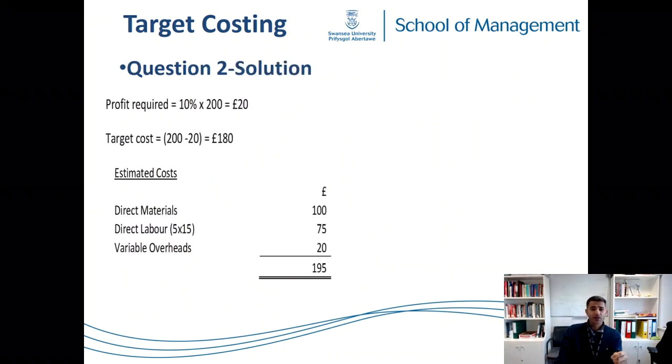Again, if you look at the answer, exactly as I explained here, we have the target cost of £180, and the estimated cost is £195, and as you see, there is £15 extra on top of the cost. As a business, they need to look at some ways to reduce the cost gap as much as they can.